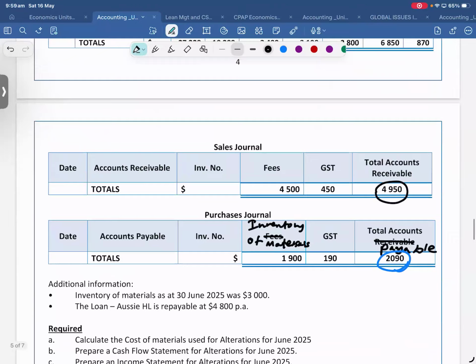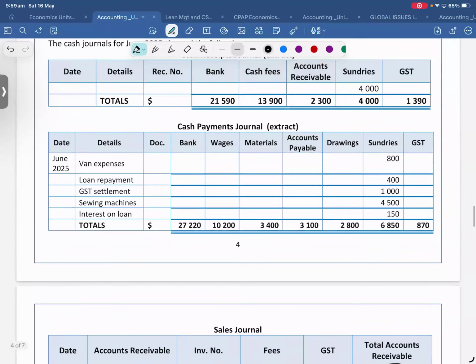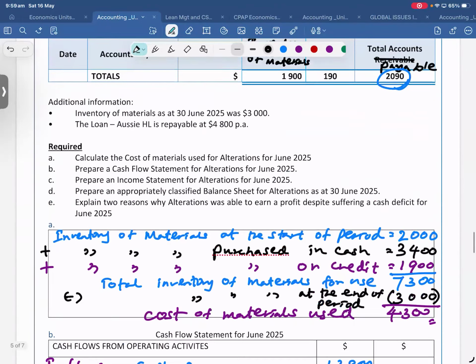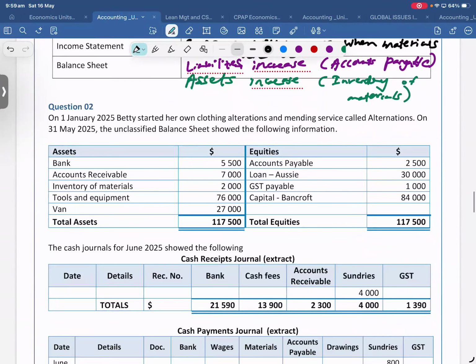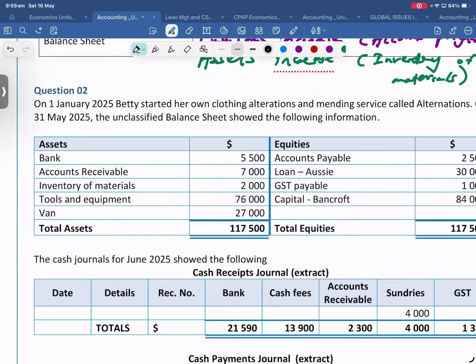Now at the same time, because it's an asset, I'm going to do another thing. I'm going to go to the balance sheet and update that sewing machine somewhere here. Probably we can do it on the non-current asset, sewing machine, 4,500.